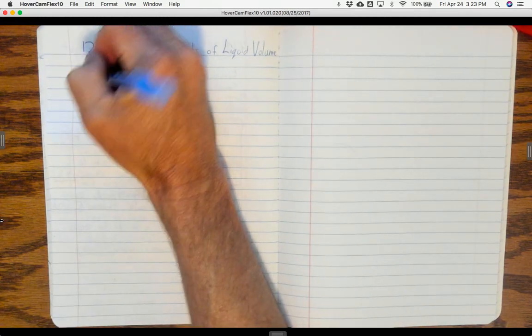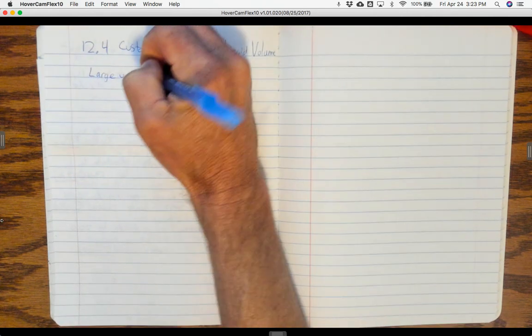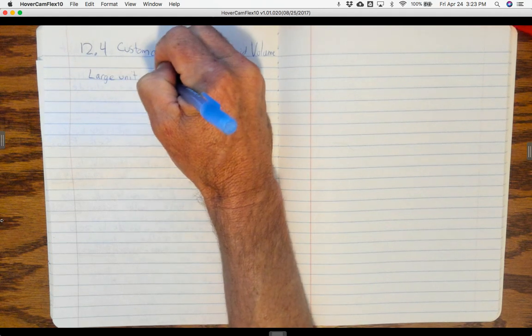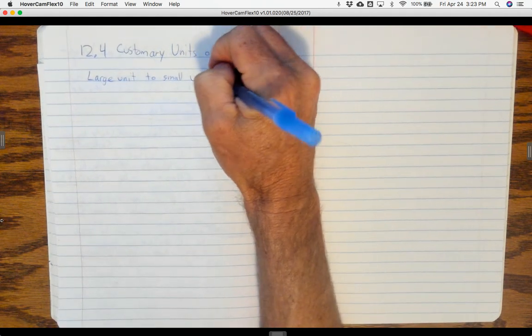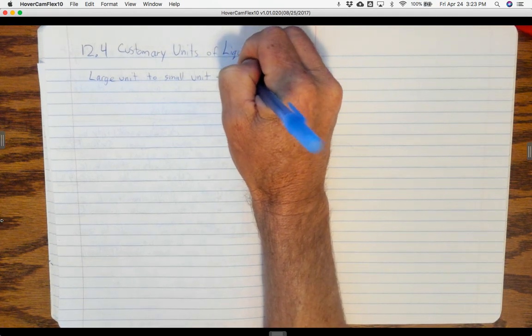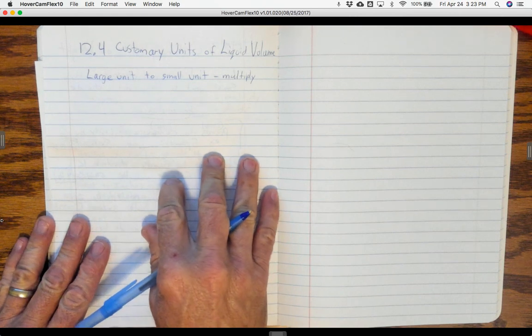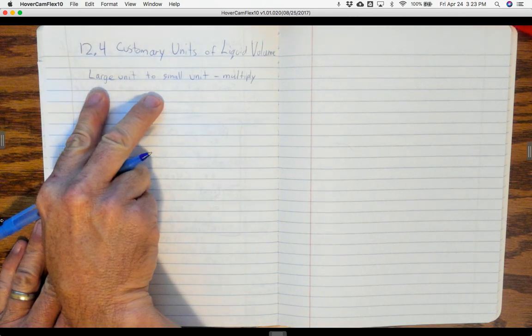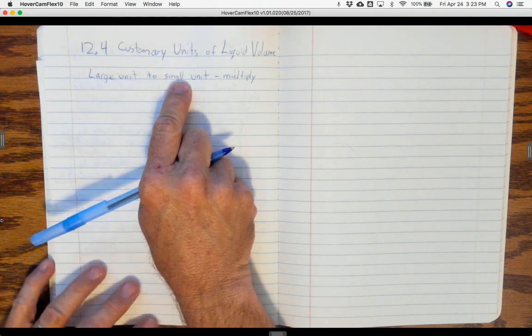Same as before. If we have a large unit, and remember unit not number, and we're converting that to a small unit, we multiply, because the number needs to get bigger. We're going from tons to pounds, that number's got to get bigger.